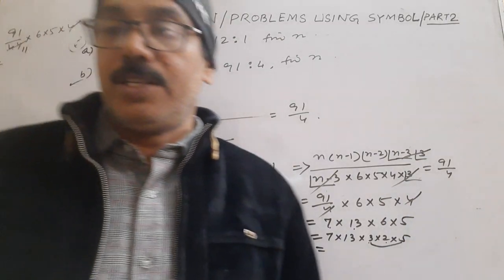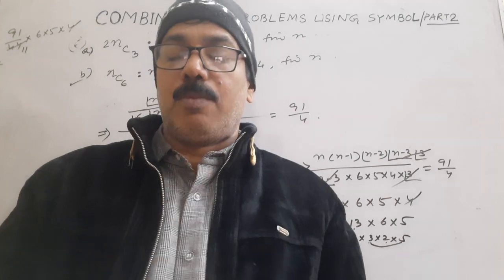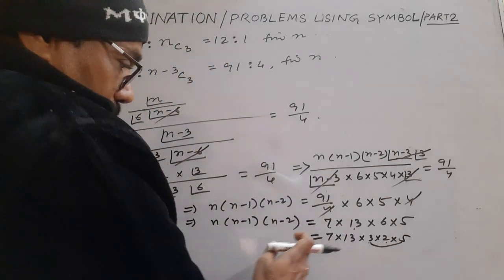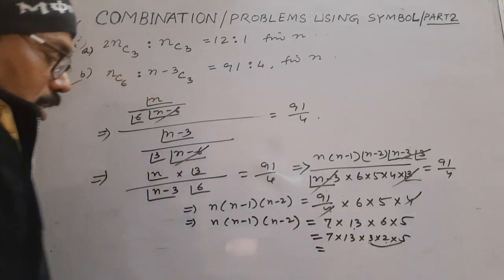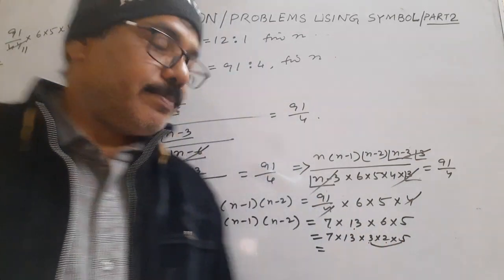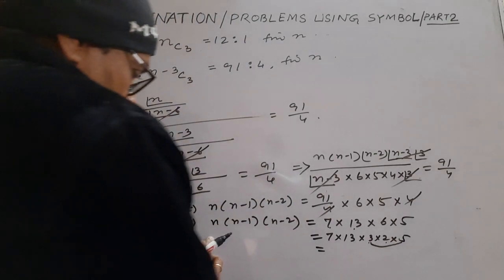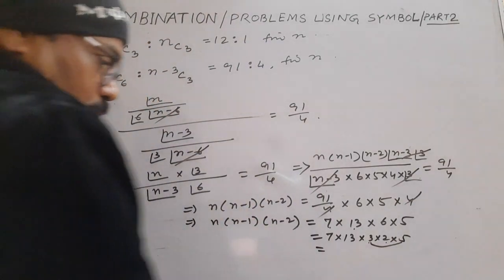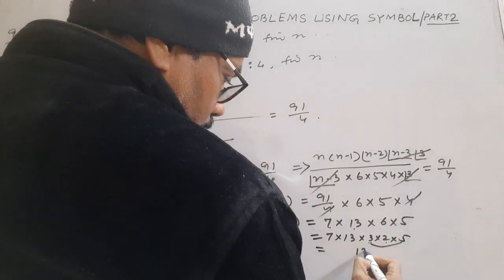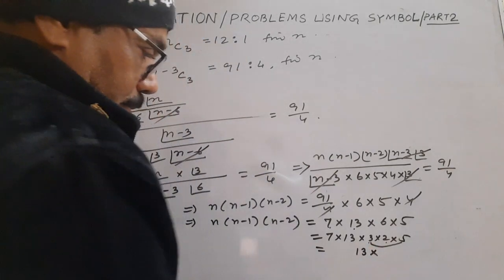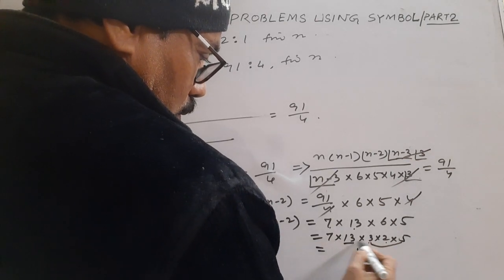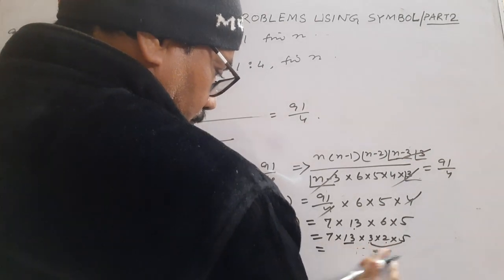Now I have already stated our main aim is to express the right hand side as a product of 3 consecutive integers. So look, this is 13, and 7 into 2 is 14.